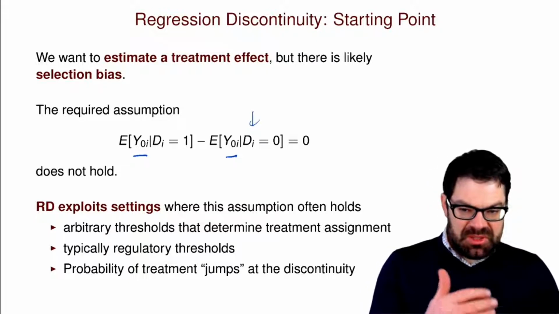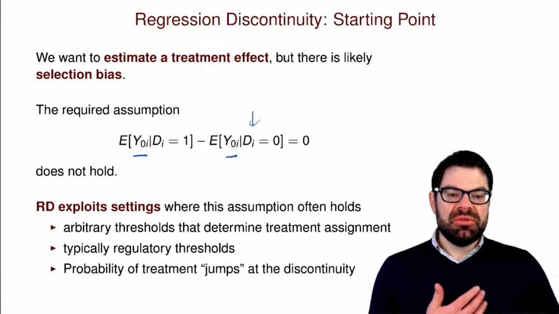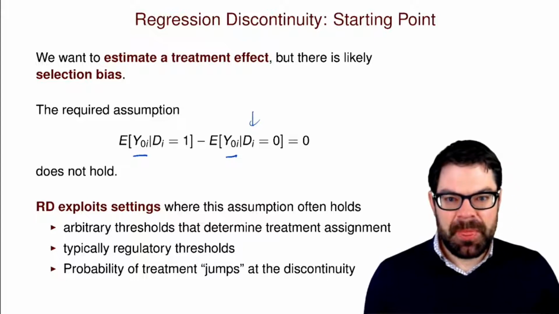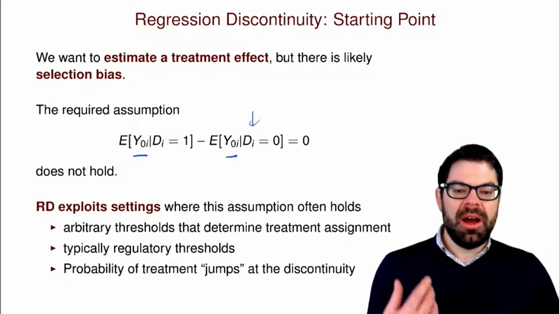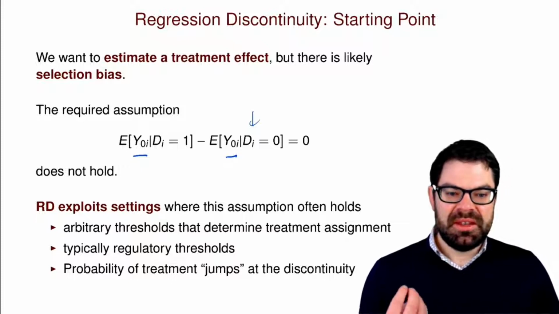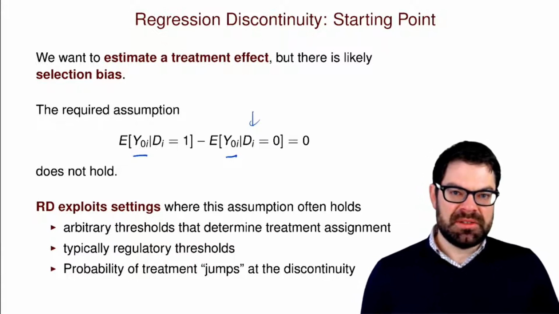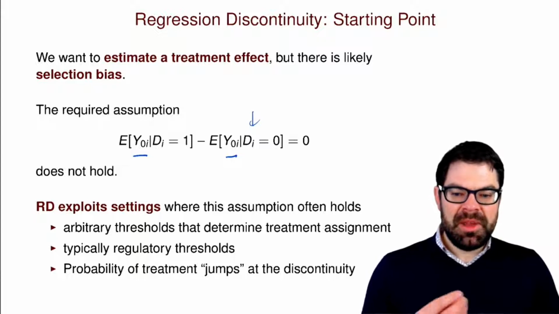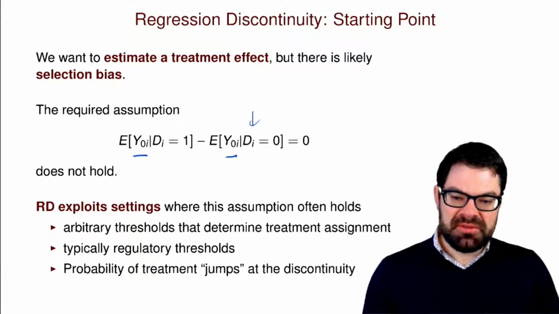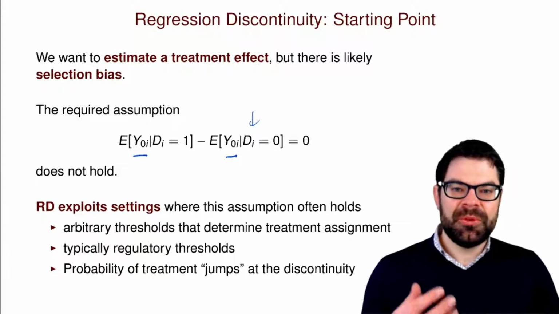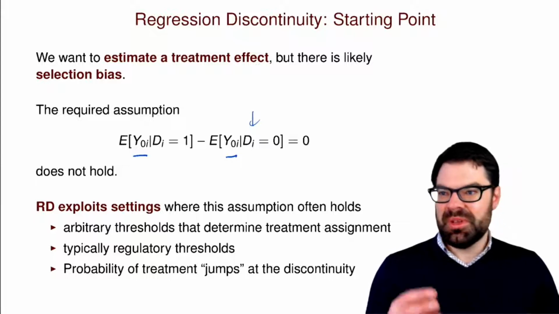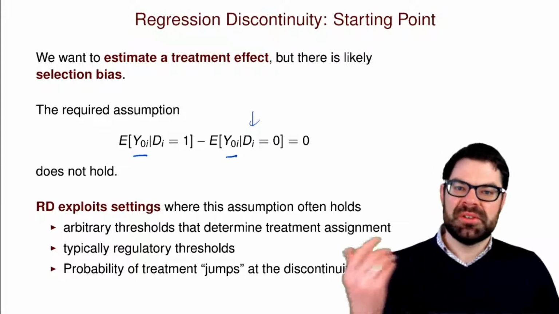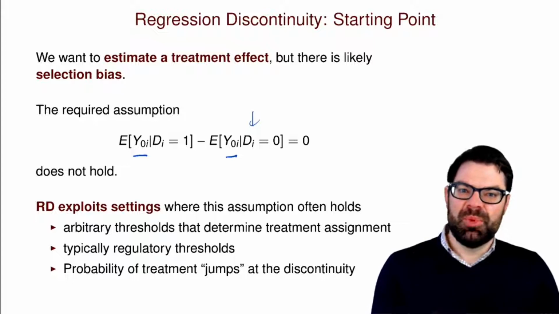So what does a regression discontinuity exploit? It exploits typically arbitrary thresholds that determine the treatment assignment. In many laws and regulations, you have thresholds. So people whose income falls below a certain threshold get more support.